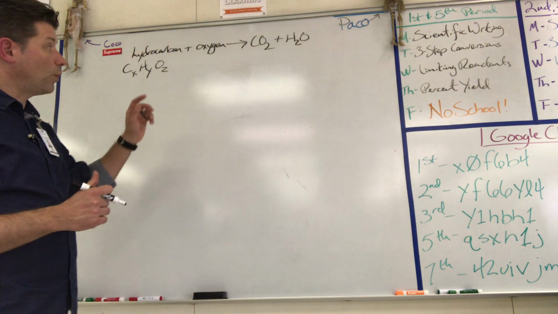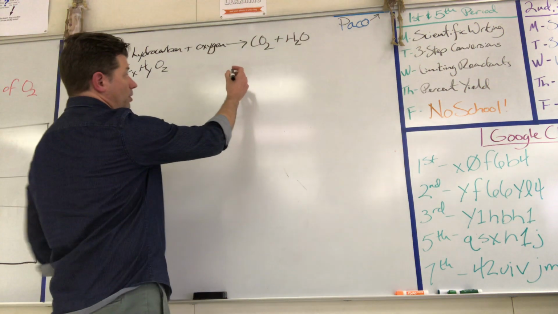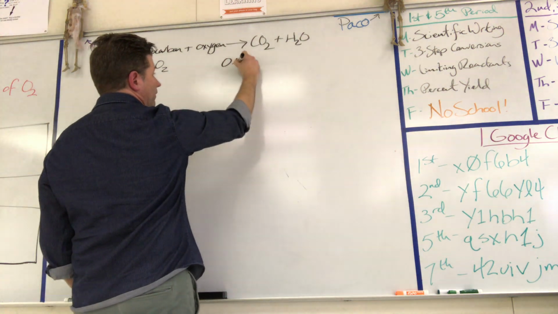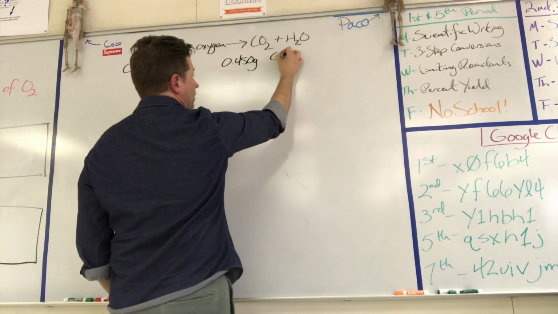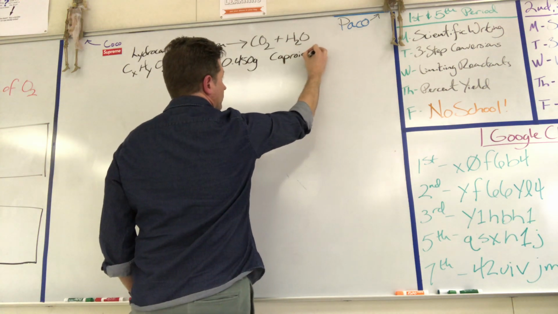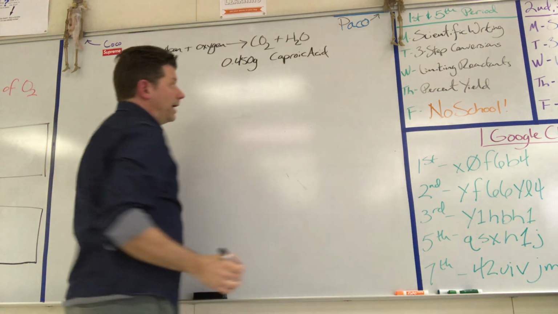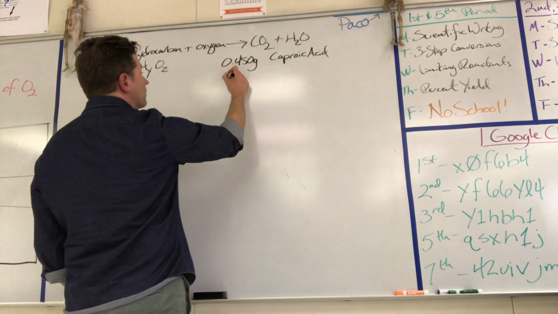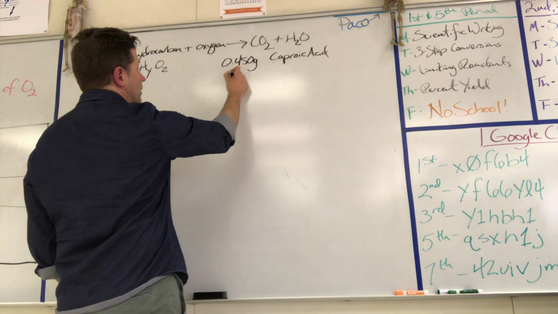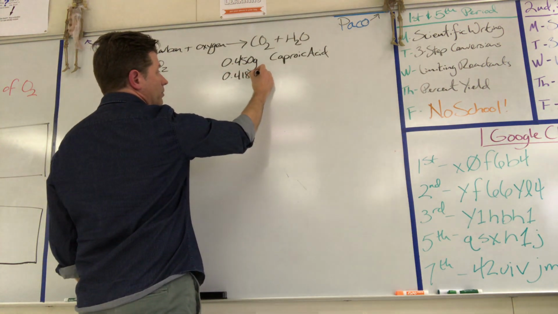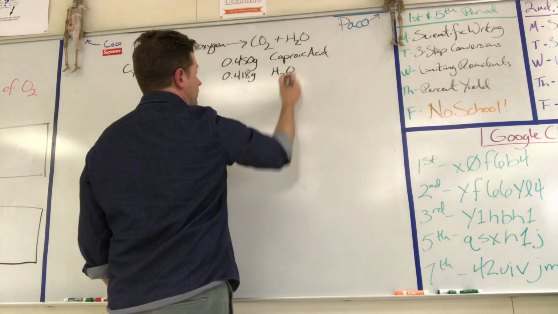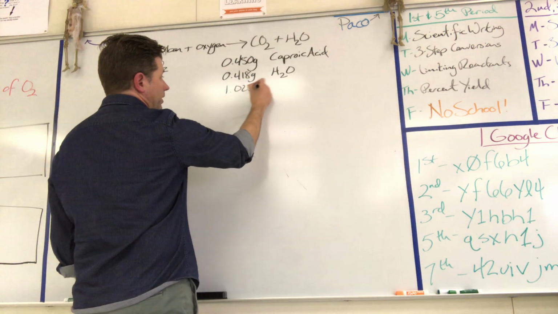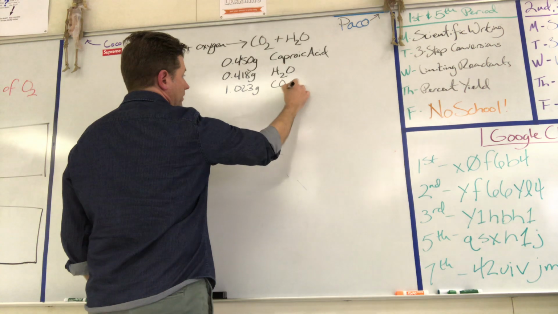So what we have in this problem is 0.450 grams of caproic acid. And in the products, in the combustion reaction, we ended up with 0.418 grams of water and 1.023 grams of carbon dioxide.